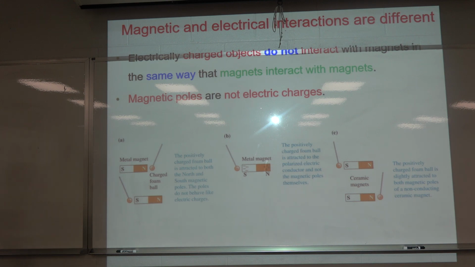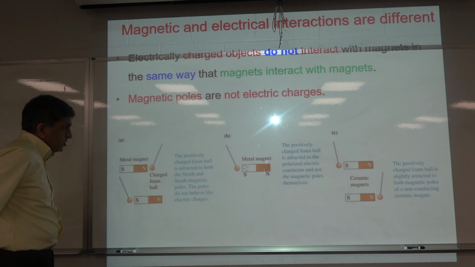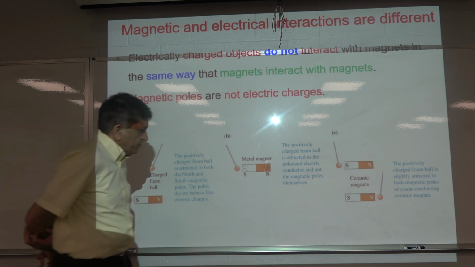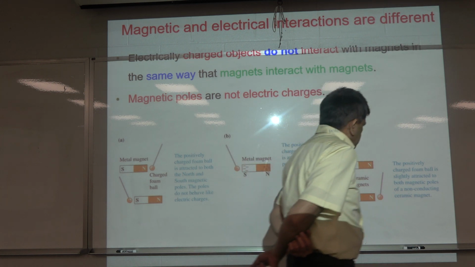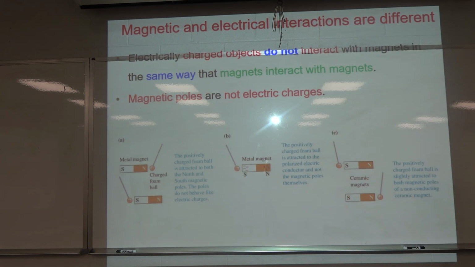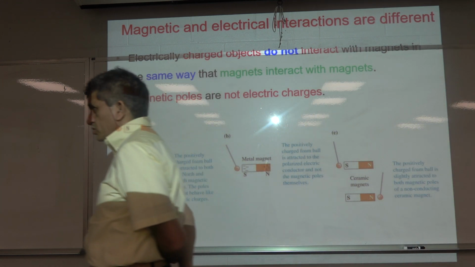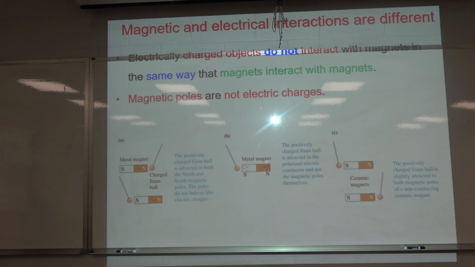On the other hand, if I bring it close to the south pole, it's also being attracted. So the magnetic bars interact with the charges, but not in the same way as charges interact with each other. The magnets and the charges interact in a different way, but they still interact.